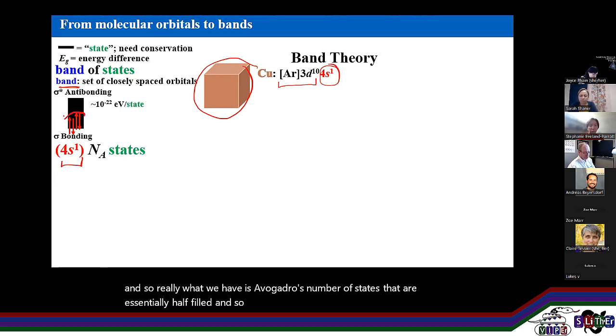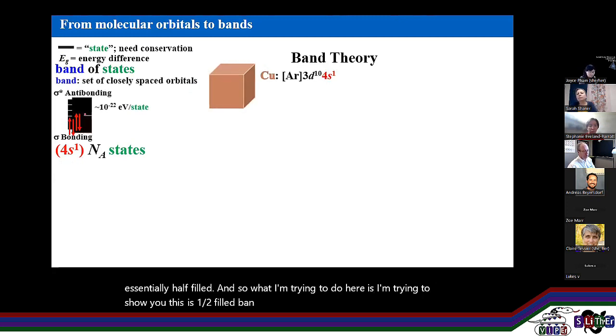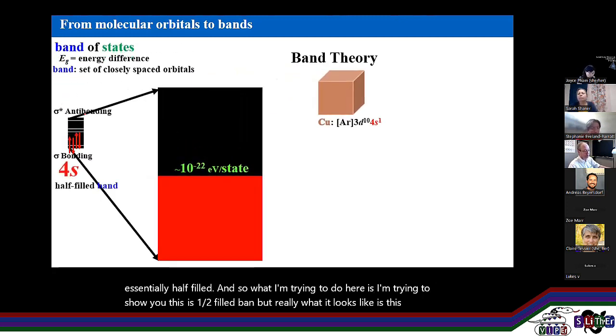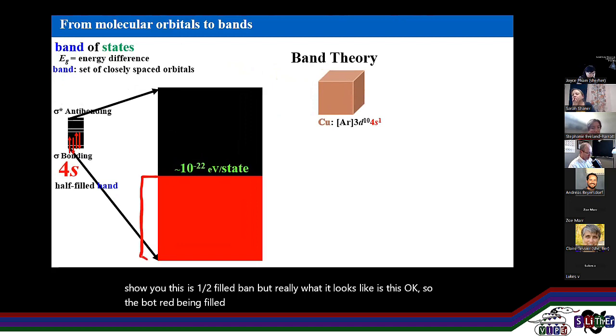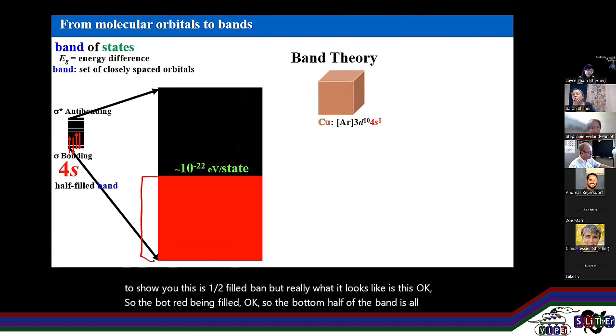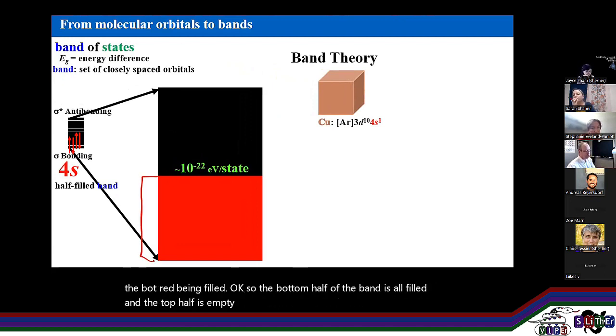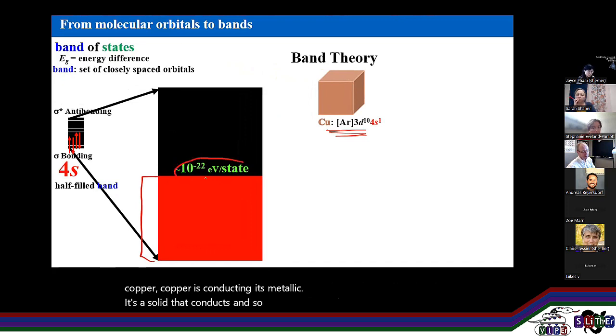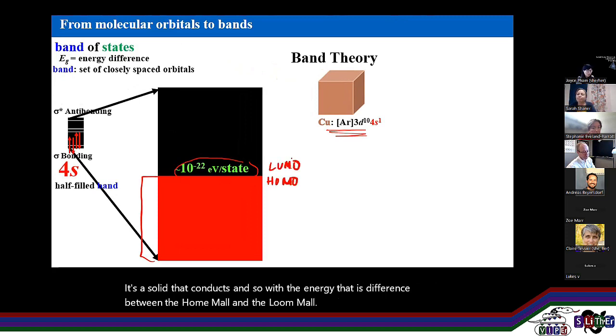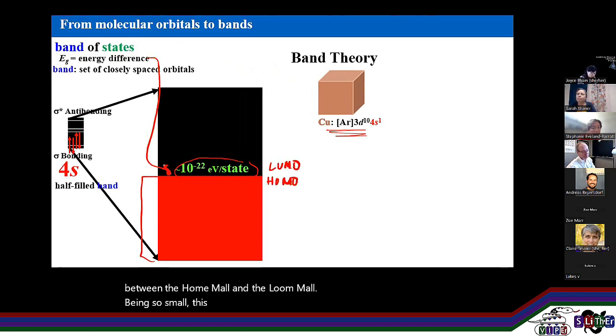What I'm trying to show you is a half filled band, but really what it looks like is this. The bottom half of the band is all filled and the top half is empty. And you might be thinking, copper is conducting, it's metallic, it's a solid that conducts. With the energy difference between the HOMO and the LUMO being so small, there's really no band gap.